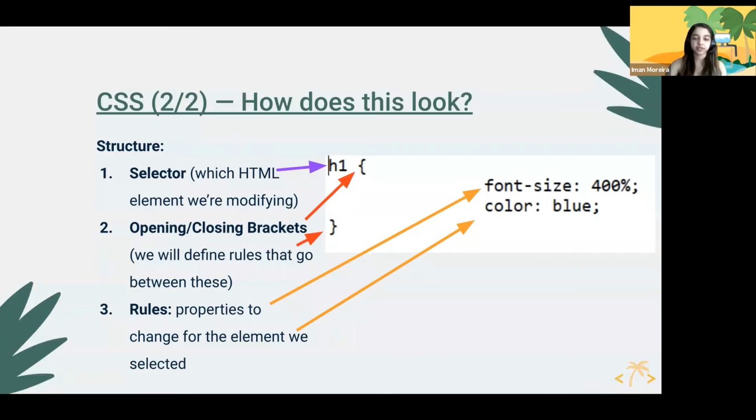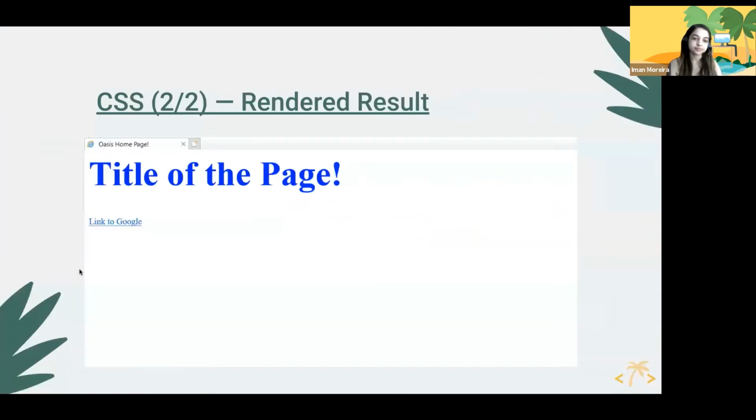Then between you have the open and close brackets. Anything that goes in there is what the rules are for that specific selector that you put. And then the rules are things like changing the font size, color, stuff like that. We'll get more examples later in the demo. And this is what it looks like after it has been rendered. So we made our text a little bigger and we changed the color. You can do a lot of other fancier things with CSS, but that's just a little quick example.